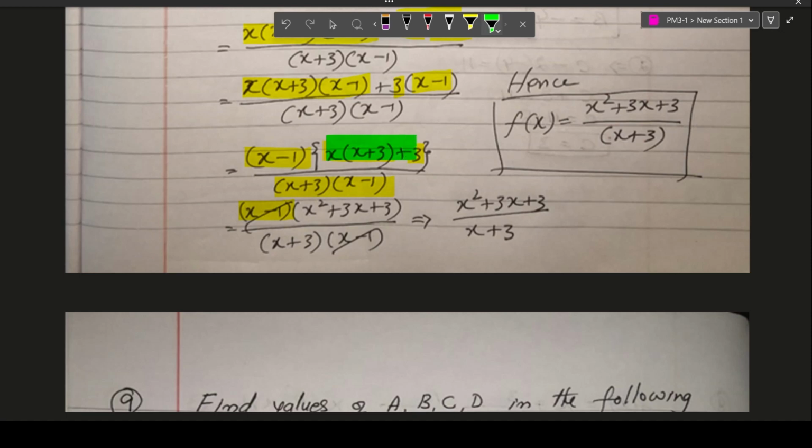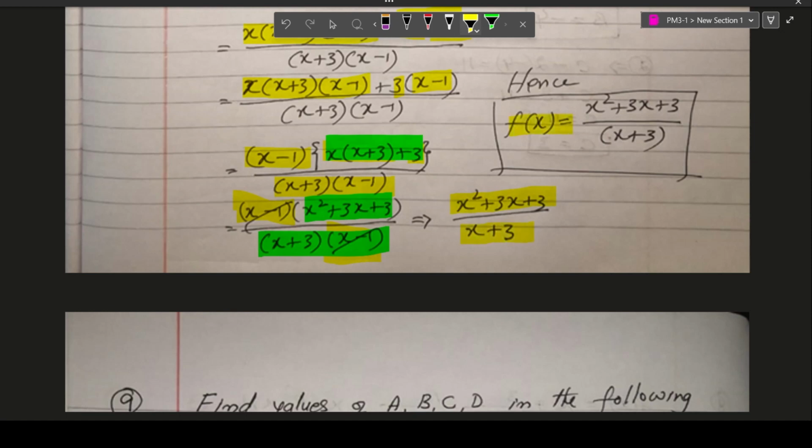This will become x² + 3x + 3 divided by the LCM. Here this x - 1 will be cancelled with x - 1. So the answer would be (x² + 3x + 3)/(x + 3).